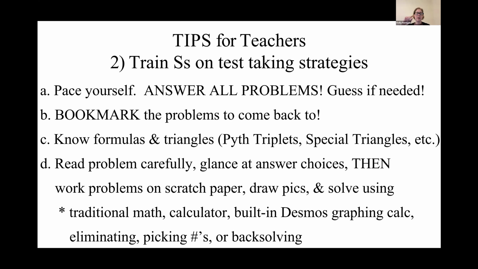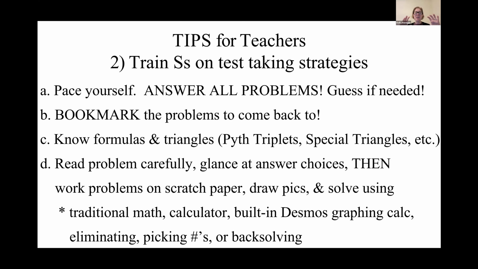Besides those methods, students can eliminate choices down to an answer, or down to maybe one of two answers. If they've eliminated to two possible answers, now they have a 50% chance of guessing it right. So: eliminating choices, picking numbers.